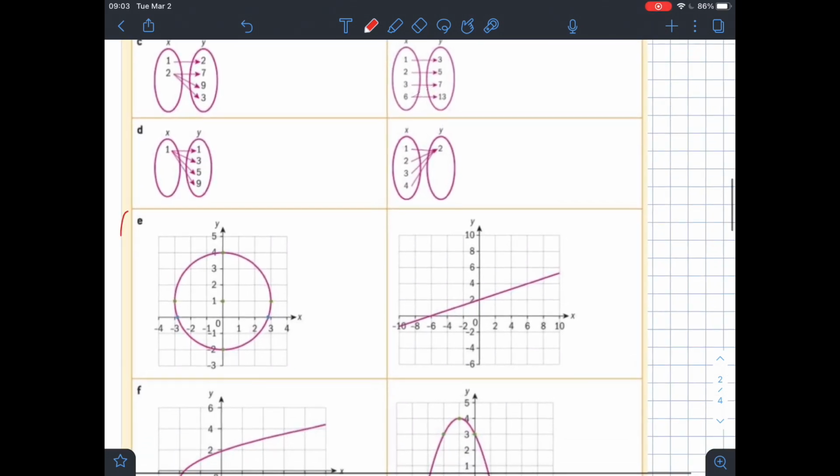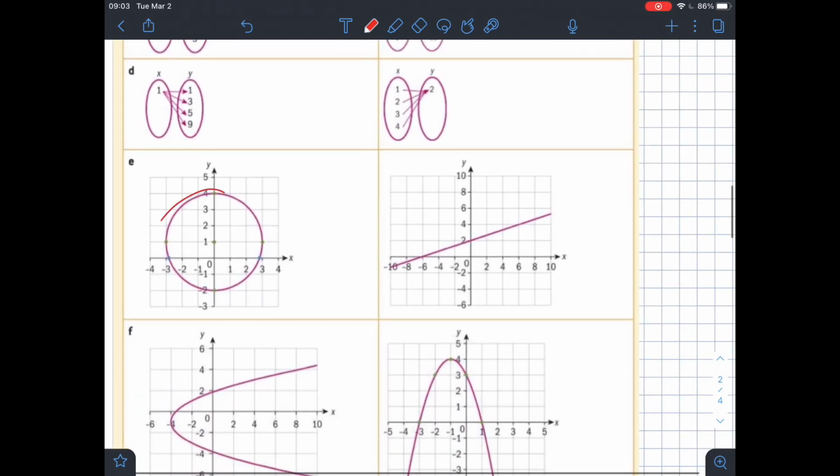Then if we look at E, we see that, for example, here we have a circle, right? A relation that models a circle. And you see that for one value of x, let's look at -2, for example, we have one value of y here and another value of y down here. So for one value of x, we have two different values of y, right?